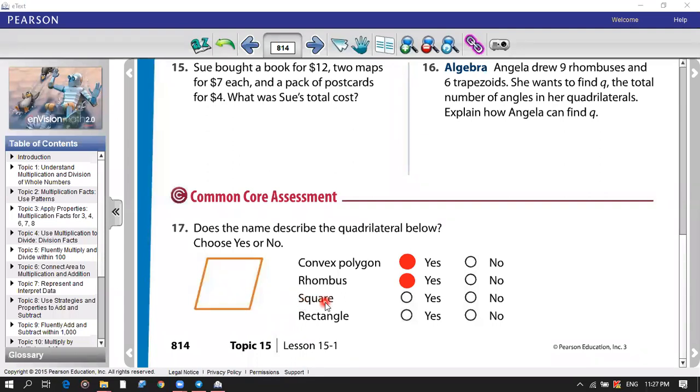Is this shape a square? No, it's not, because it doesn't have four right angles. The angles are not square corners, the angles are not right. So this rhombus is not a square. I would choose no.